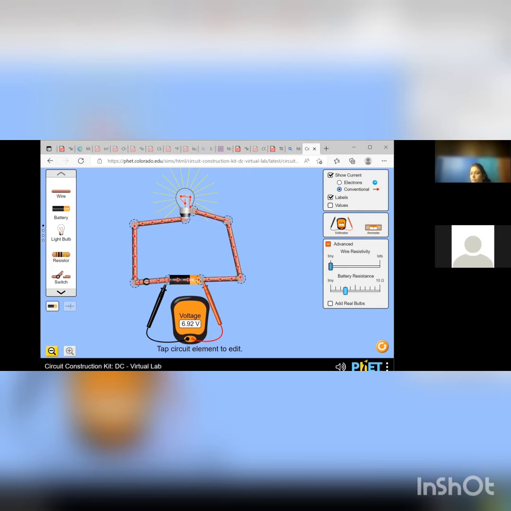Why do you think the potential across the terminals of the cell is decreasing when I close the circuit? When I open the circuit, note, this is 9 volts. When I close it, it's 6.92 volts. Why so?